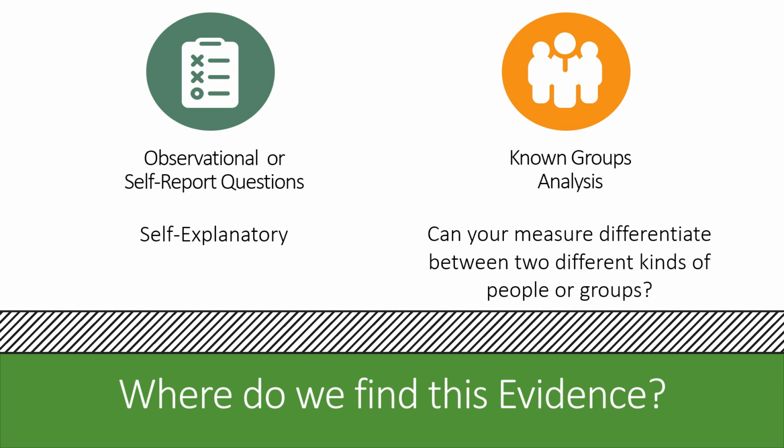But the other way that is sometimes commonly used is called a known group analysis. And the question here is, can your measure differentiate between two different kinds of people or two different kinds of groups? So for instance, if I had a measure of, let's say, personality, where there's this idea of type A personalities who are intense and uptight and energetic, and there's these type B personalities who are laid back, go with the flow, don't show a ton of initiative.